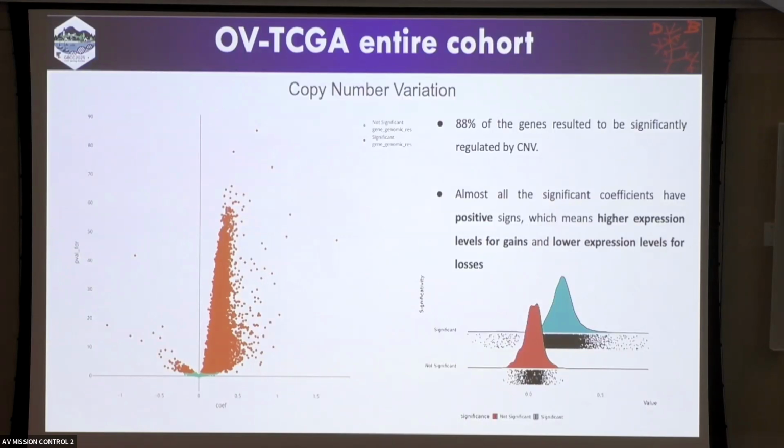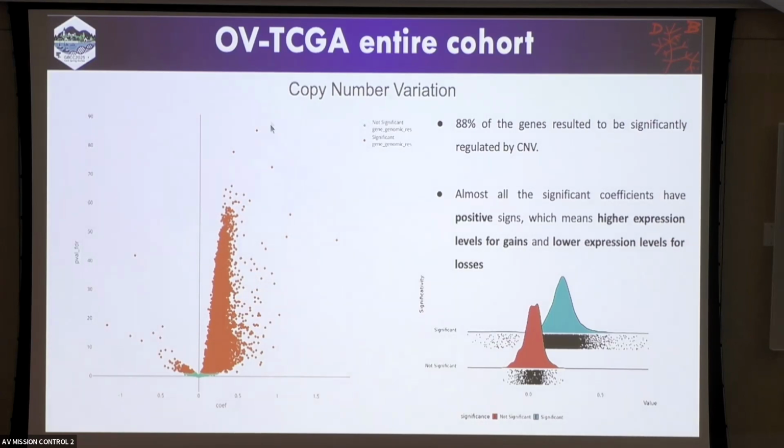So this is just a case study to give you an example. All the plots that we are going to see are available in the Shiny app. And this is the TCGA cohort for ovarian cancer. As you can see, these are the results regarding the copy number variations integration. We found that almost 90% of genes have a significant correlation between the copy number variations and the gene expression.